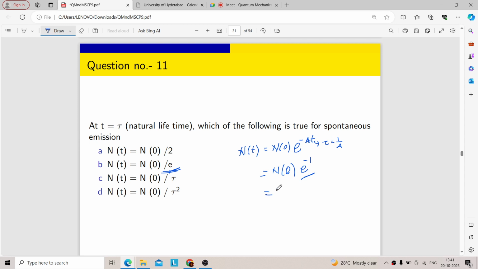So this will give me n of 0 divided by e. So what is happening? At this time, the number of particles in excited state are decaying by a factor of 1 over e. So the correct answer is B.